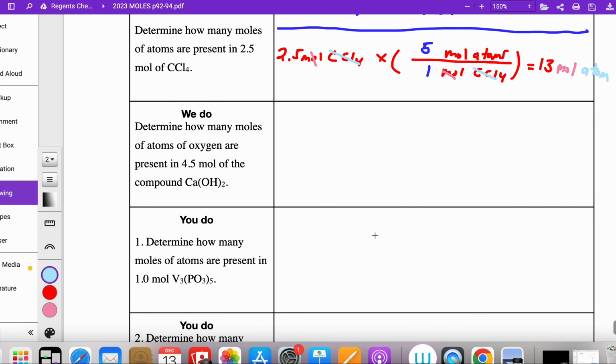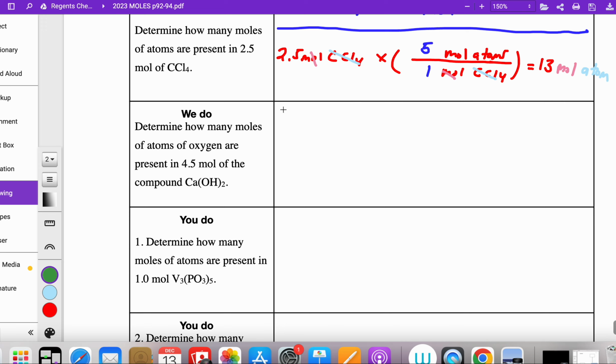So let's take a look at one more example here. So the second one says, determine how many moles of atoms of oxygen are present in 4.5 moles of the compound calcium hydroxide.